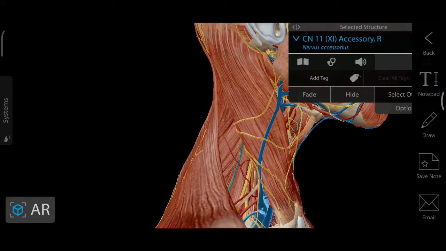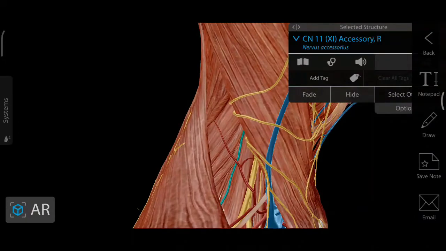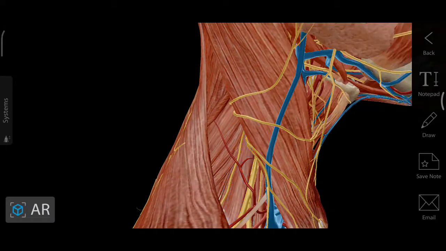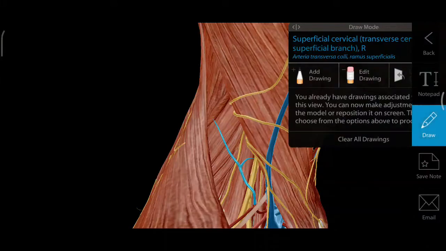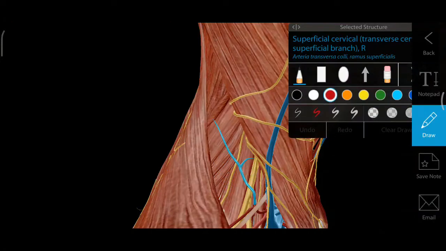The second content of the occipital triangle is this artery, the superficial transverse cervical artery. It provides the blood supply to this area.